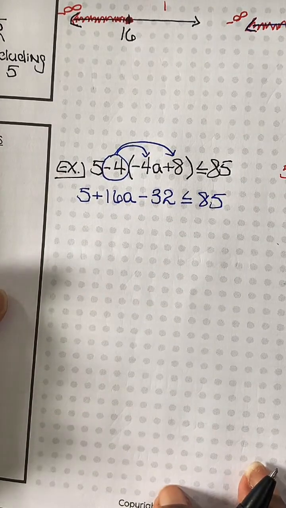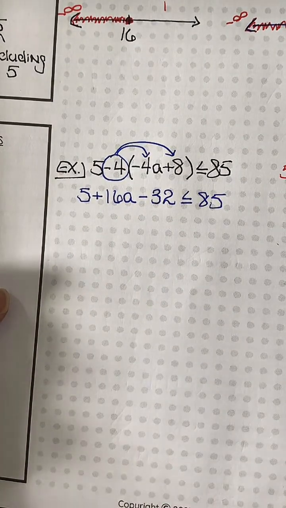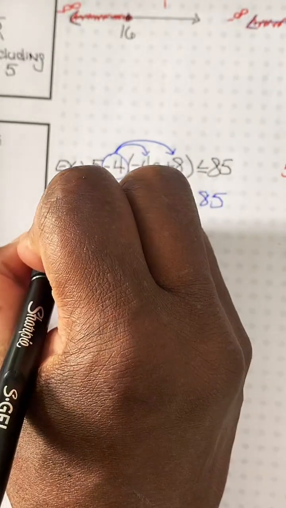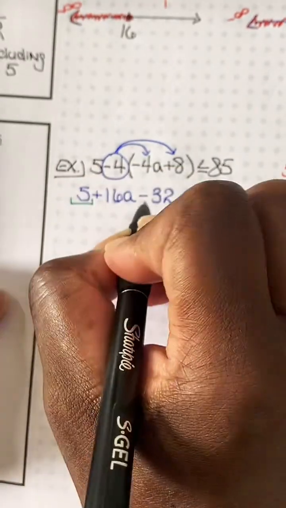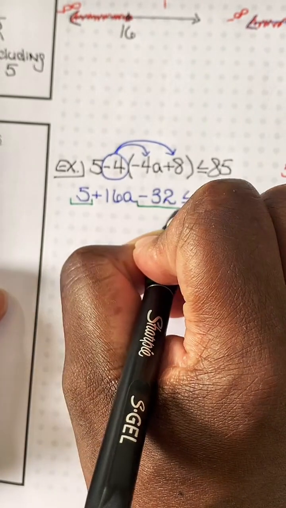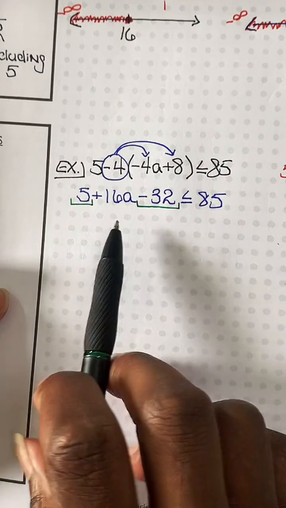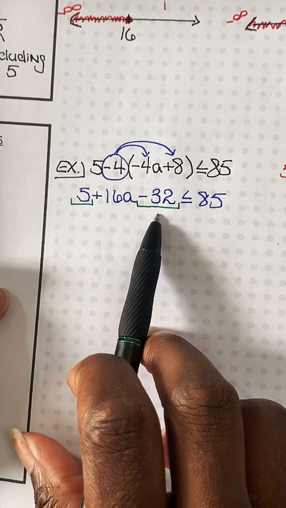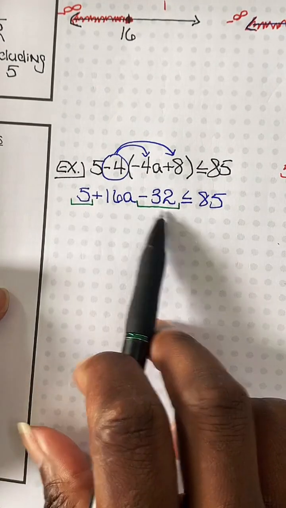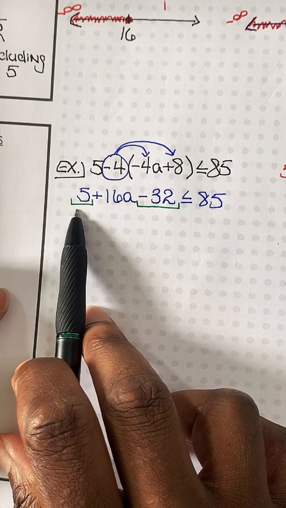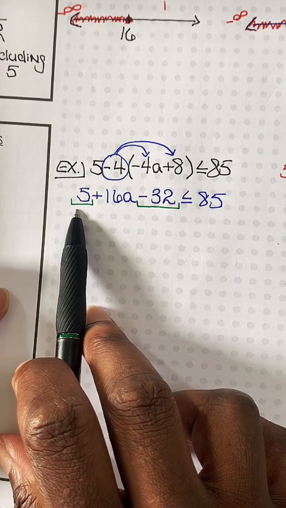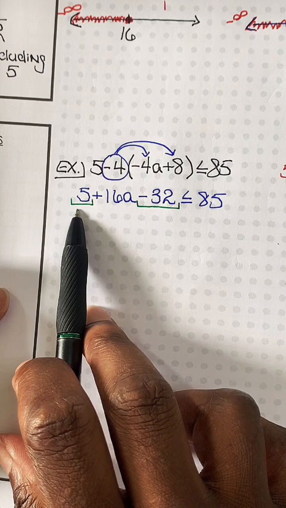Okay, so that's one. The next thing that you could do is combine your like terms. That'll be your 5 and your -32. So this is the latest thing that I saw. People were saying, oh, okay, let me add 32 to the 32 and the 5. No. Okay, just no. Never.